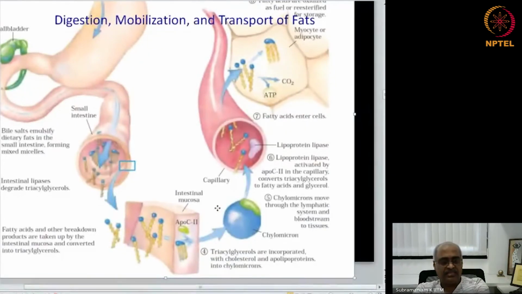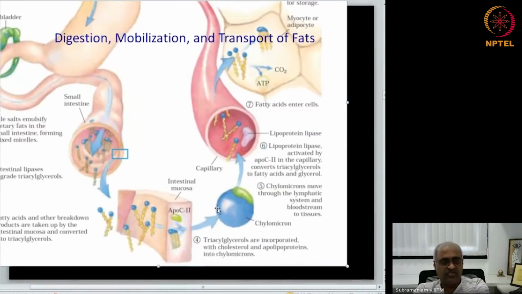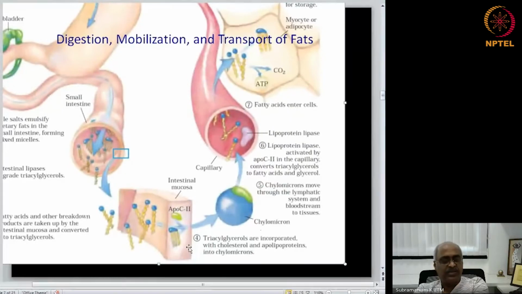The lipoproteins are actually proteins that associate with the lipids. And such an association is required because this hydrophobic fat cannot be freely carried to other organs via aqueous blood. So association of these lipoproteins makes it possible for them to be transported in the bloodstream. And when they associate with triacylglycerol and also phospholipids, you get a structure called a chylomicron.